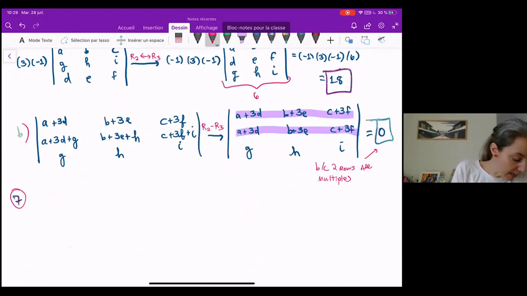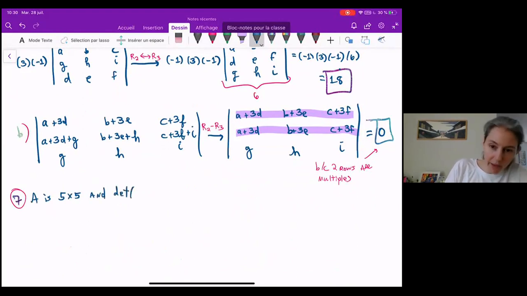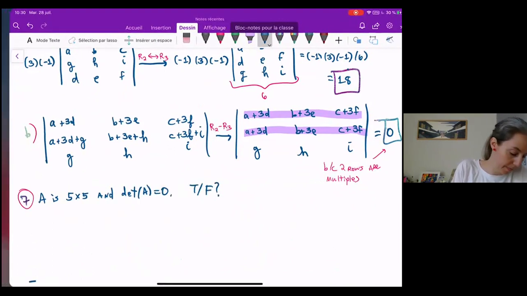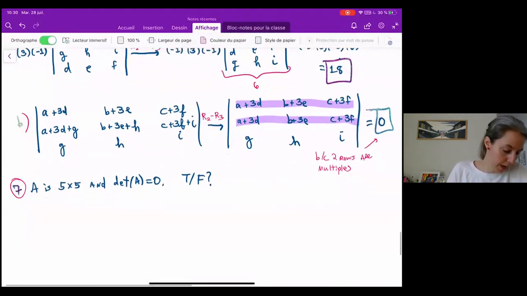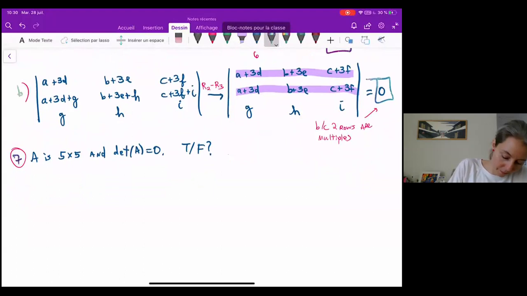Okay, so 7 is now some true-false questions. So here we have that A is 5 by 5, and the determinant of A is equal to 0. So true, false. So A, here we're told that the determinant, oh, I'm sorry, the determinant of A is equal to 10, my bad.